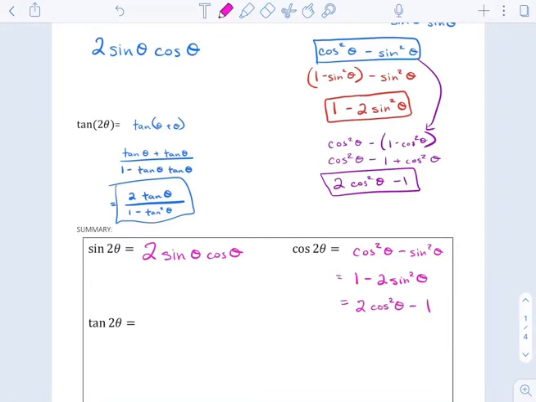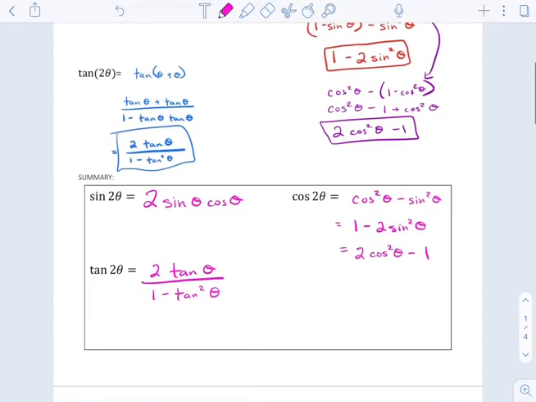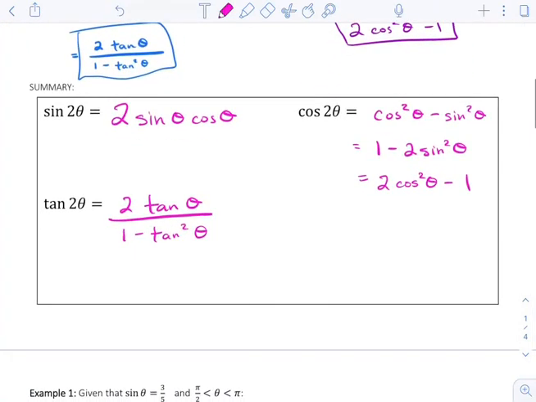Any of those are fine. And finally, for the tan double angle, we had 2 tan theta all over 1 minus tan squared theta. So those are the new formulas that we have. They're just derived from the compound angle formulas that we learned in the last lesson.